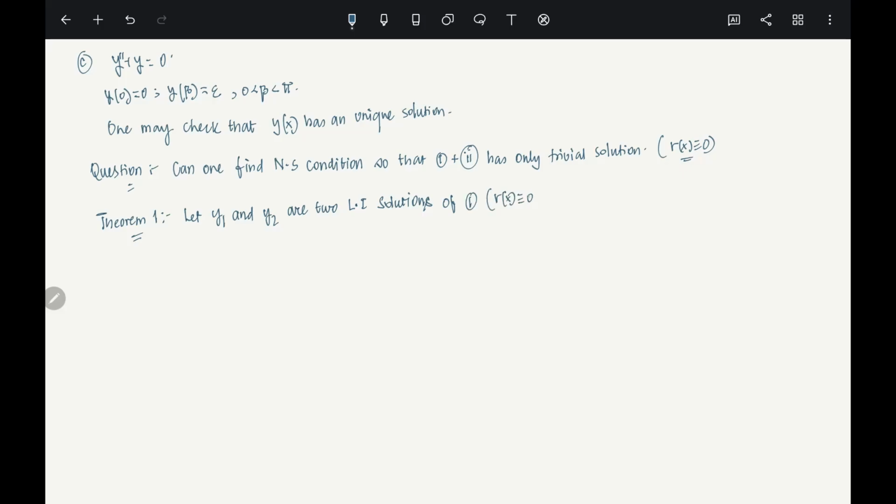I am not going to write it anymore, but it is assumed, right? Then the homogeneous boundary value problem, HBVP, has only the trivial solution.